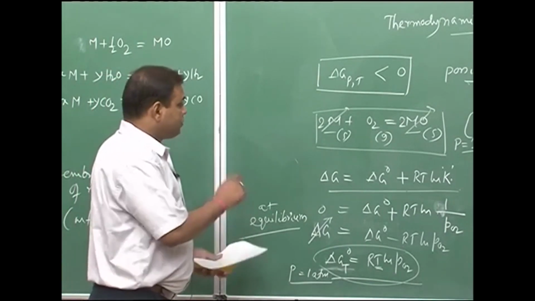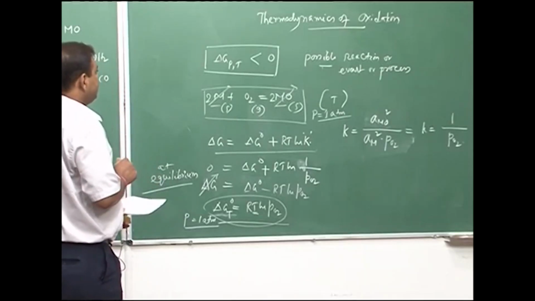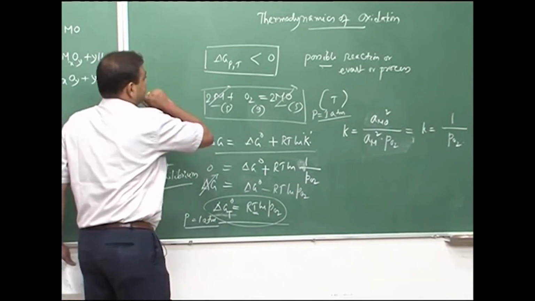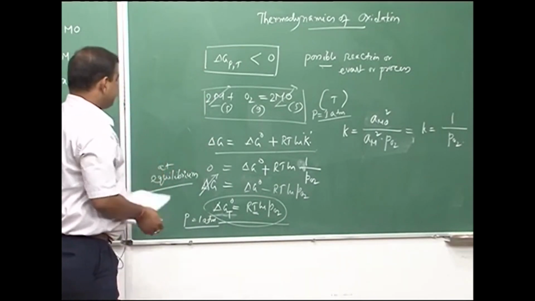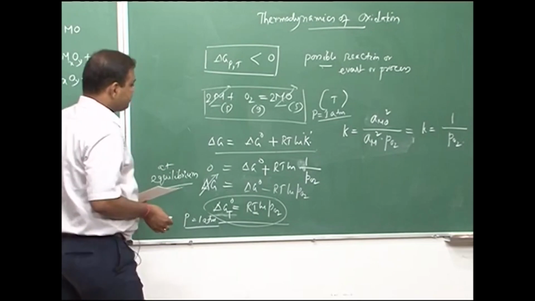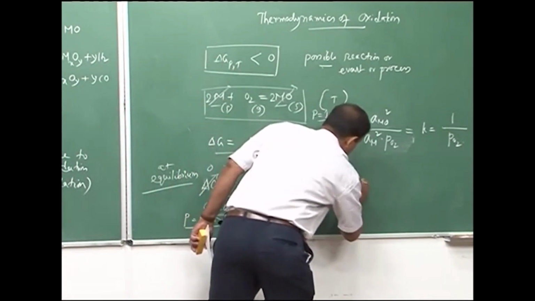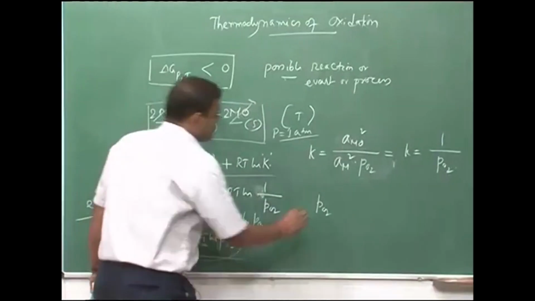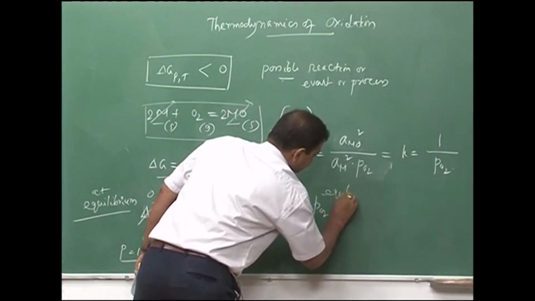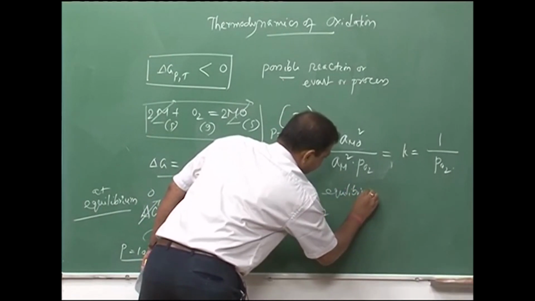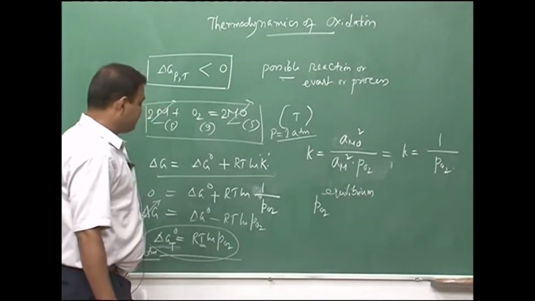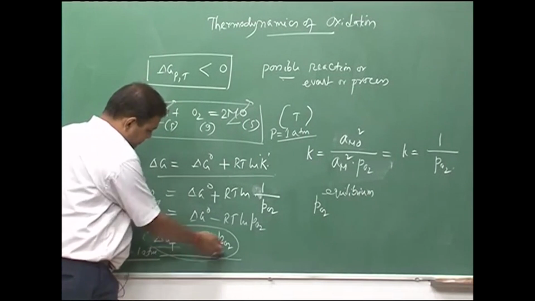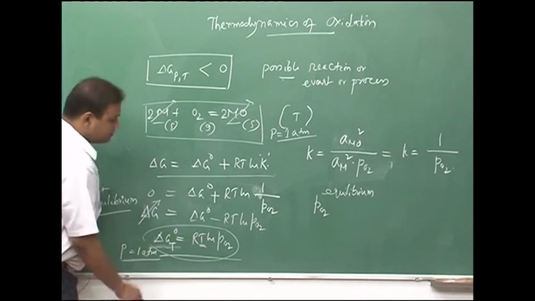Now, for the oxide formation, we should see whether this condition is met or not. Let us say the oxygen partial pressure is the equilibrium partial pressure, which is determined from this equation.